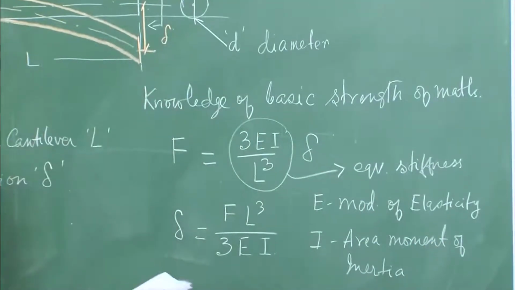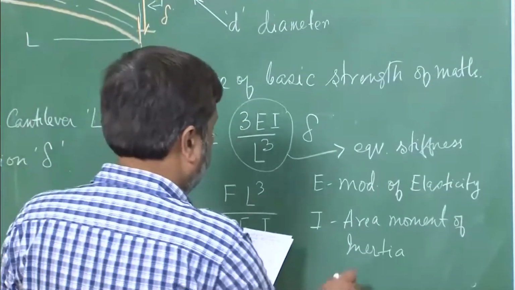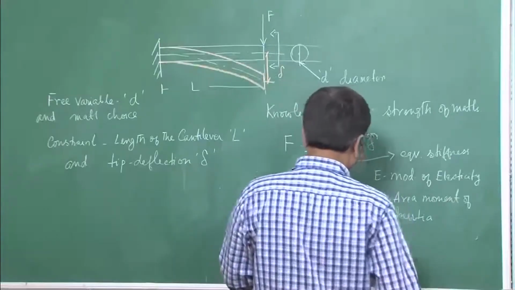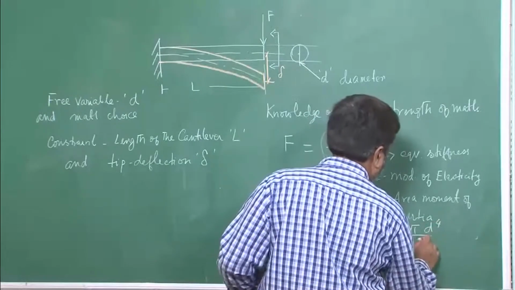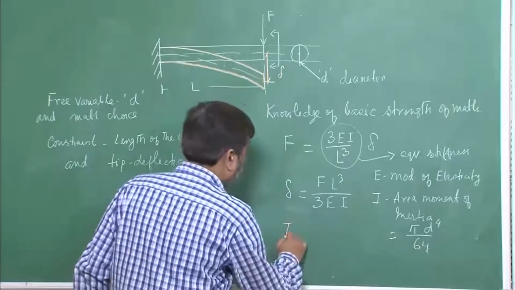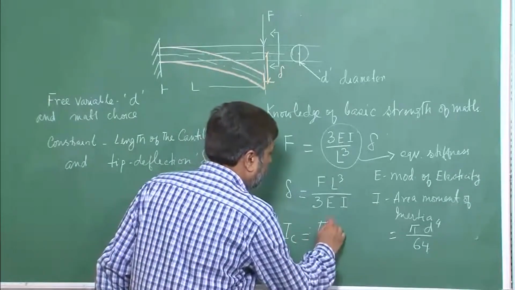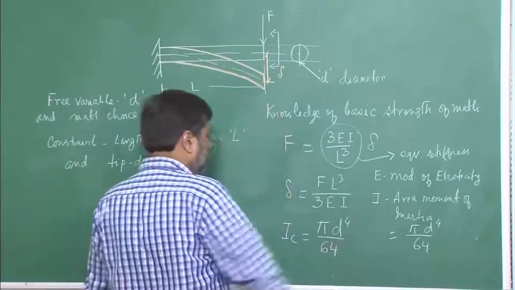For a circular cross section, you know that I in our case is pi d to the power 4 over 64.